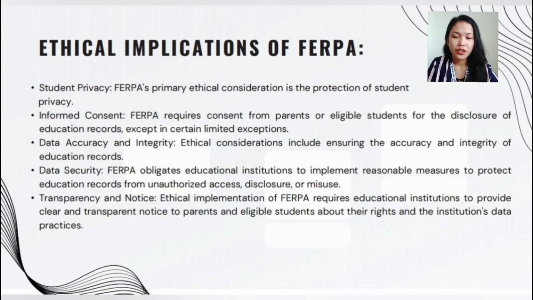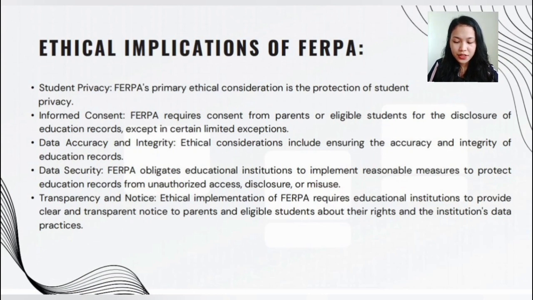If educational records are compromised, it can have serious consequences for students' privacy, identity theft, or unauthorized access to sensitive information. Ethically, institutions have an obligation to implement robust security measures to safeguard student data. Data security. FERPA obligates educational institutions to implement reasonable measures to protect education records from unauthorized access, disclosure, or misuse.